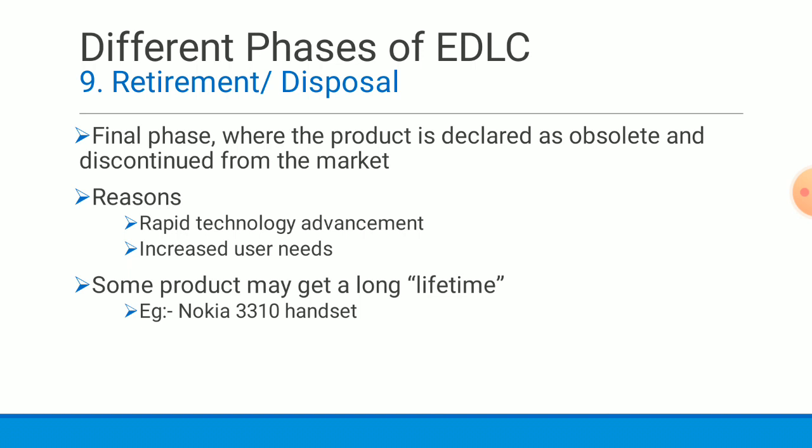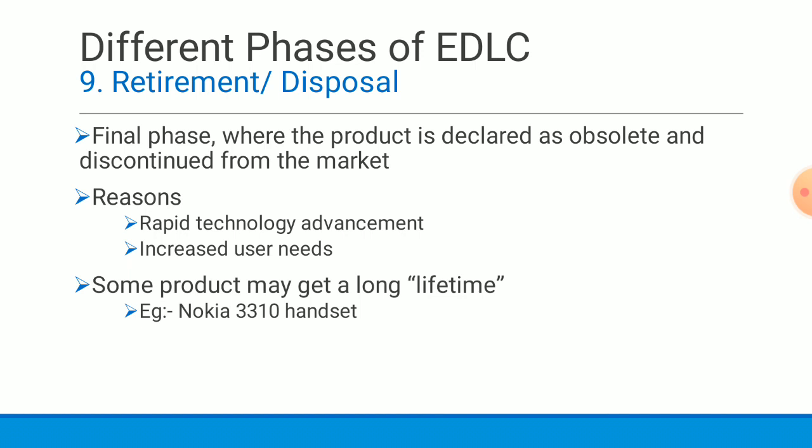It got 126 million pieces sold. Okay, so this Nokia 3310 handset got a long lifetime in the market, but some products get only a small lifetime in the market. It basically depends upon the quality of the product.